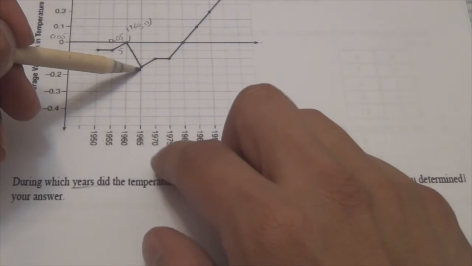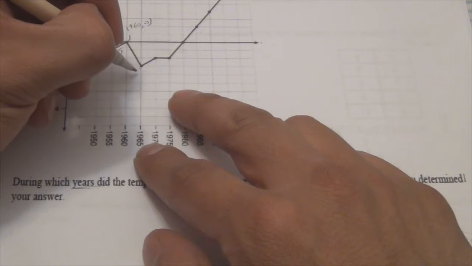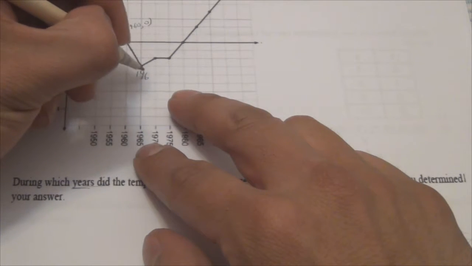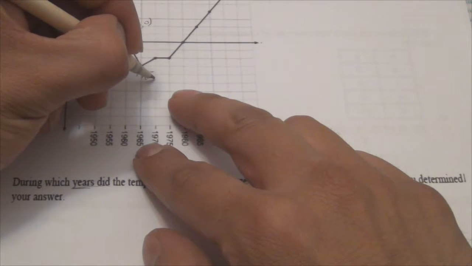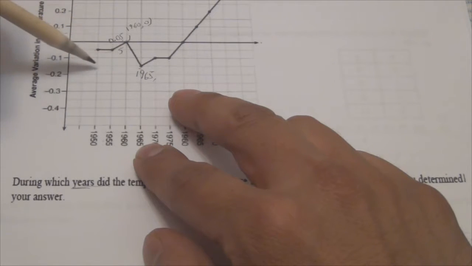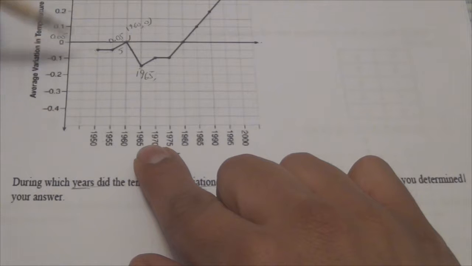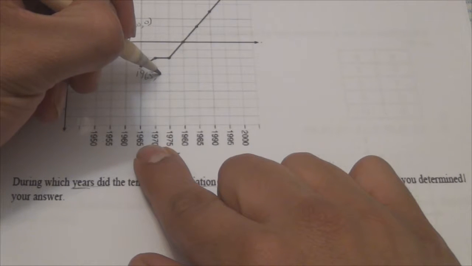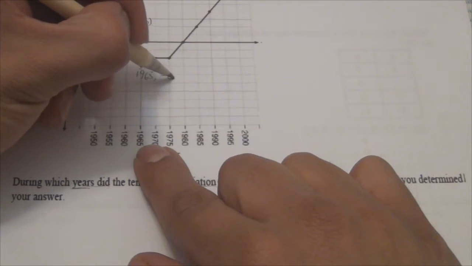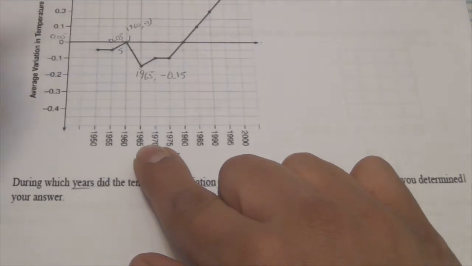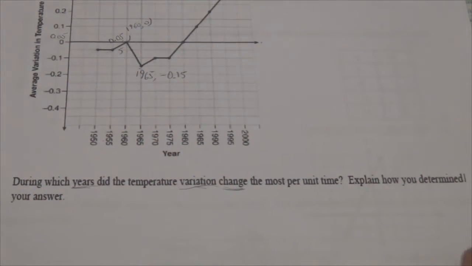And this point here will be 1965, comma negative 0.15. Man, this is hard.